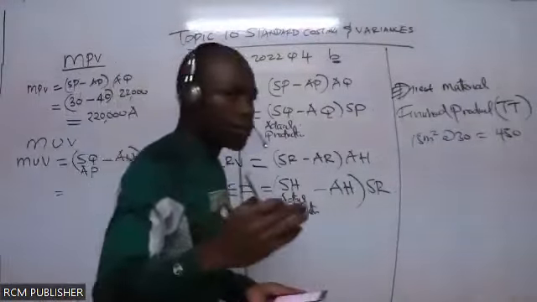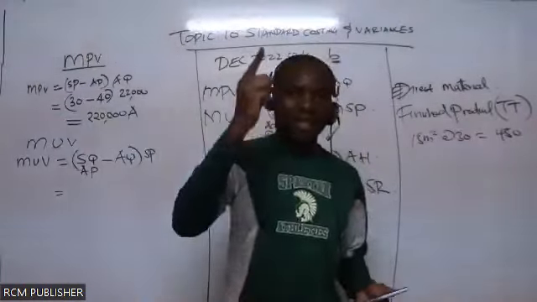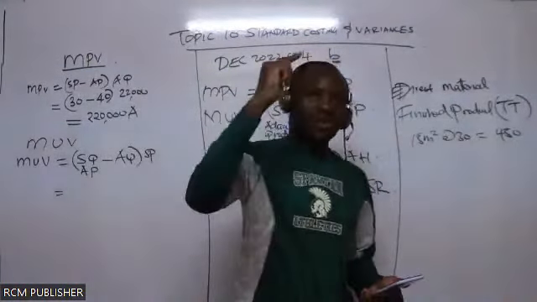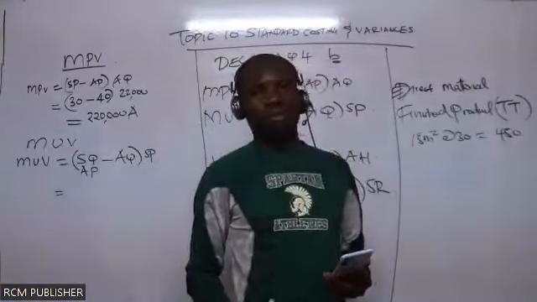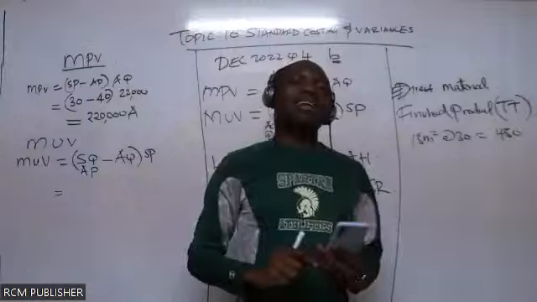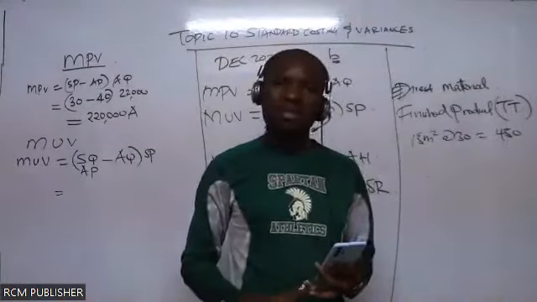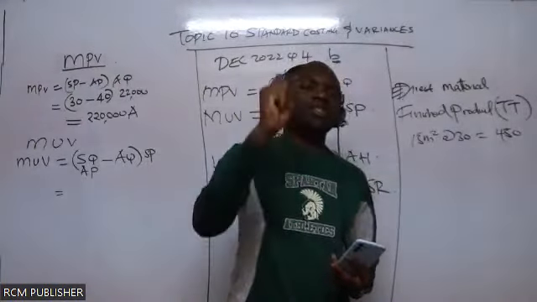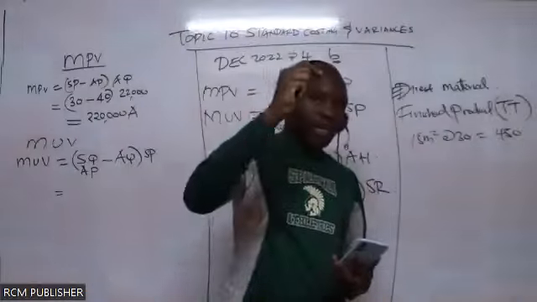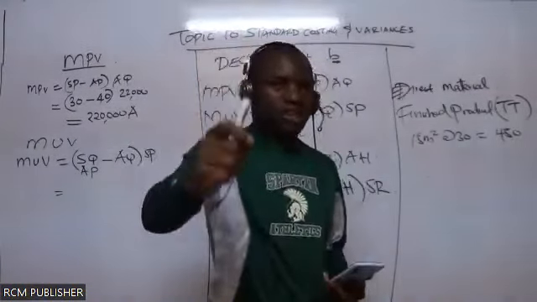The standard cost card of producing a single product TT is 1,100 and distributed as follows. The 1,100 has direct material, which is 450, direct labor, variable production overhead, and fixed production overhead. For the direct material, you are able to see we have 450 shillings.